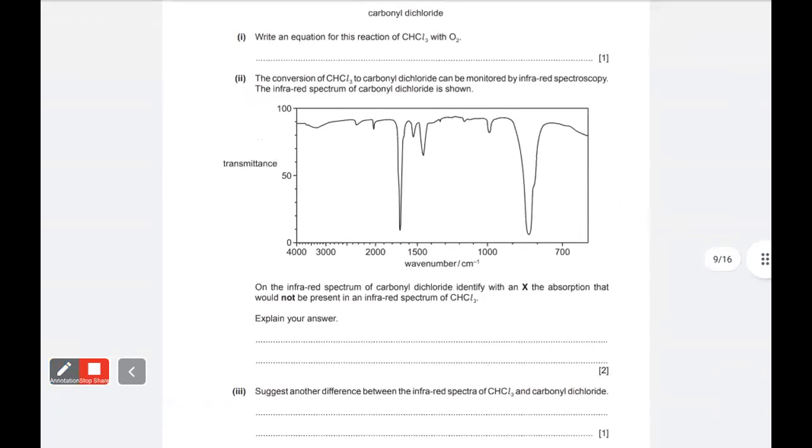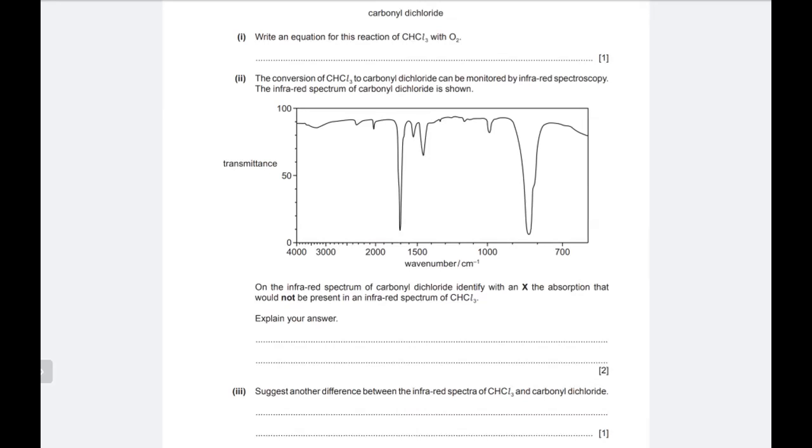Conversion of CHCl3 to carbonyl dichloride can be monitored by infrared spectroscopy.